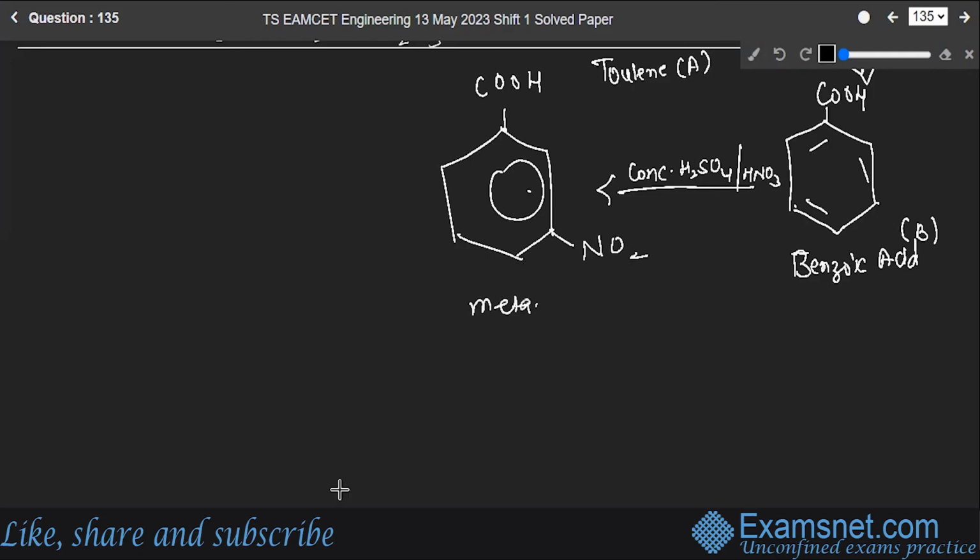This is meta-nitrobenzoic acid. And this is your C compound.